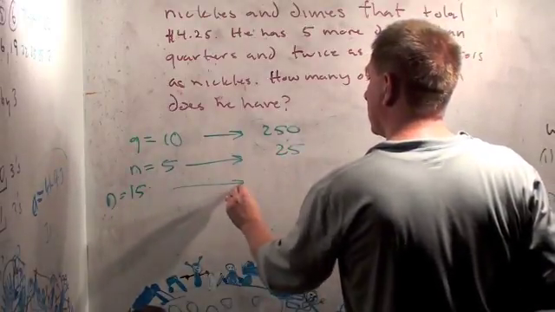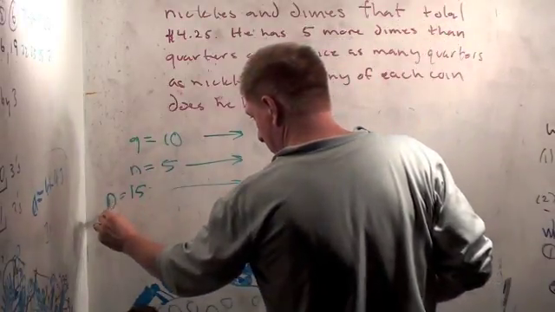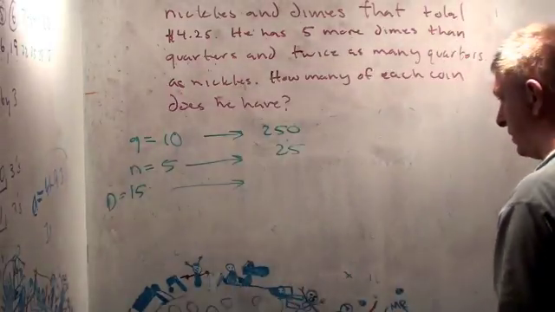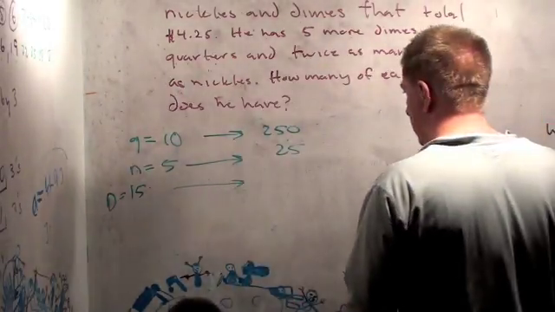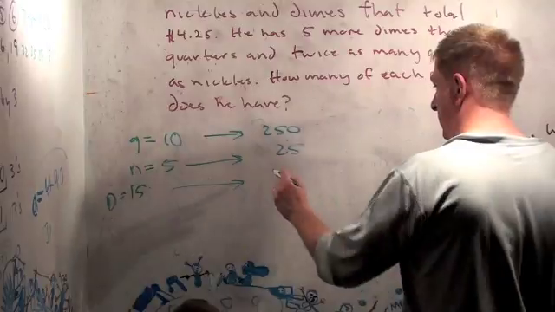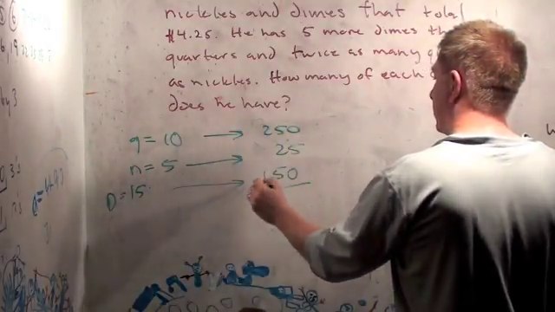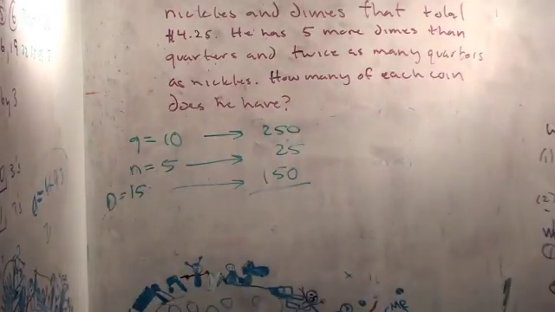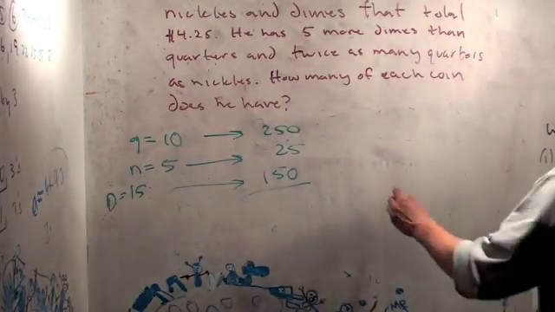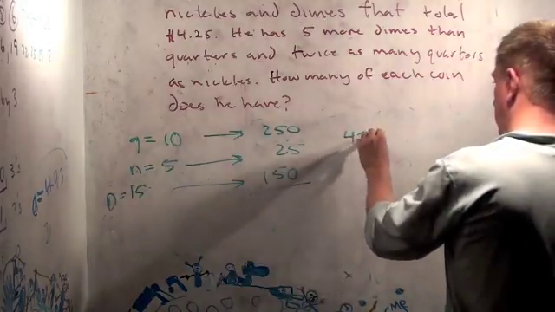What about the dimes? Well, 10 times 15, which is $1.50. So what's 250 plus 25 plus 150? 425. Good.